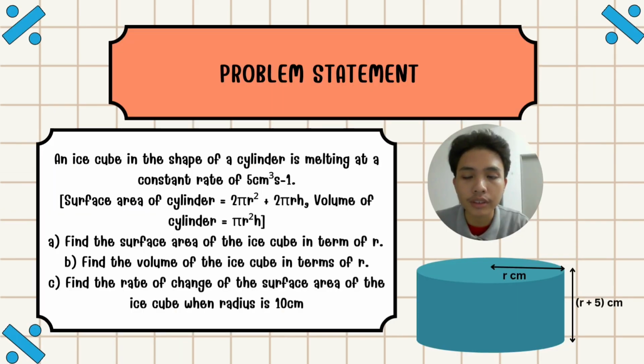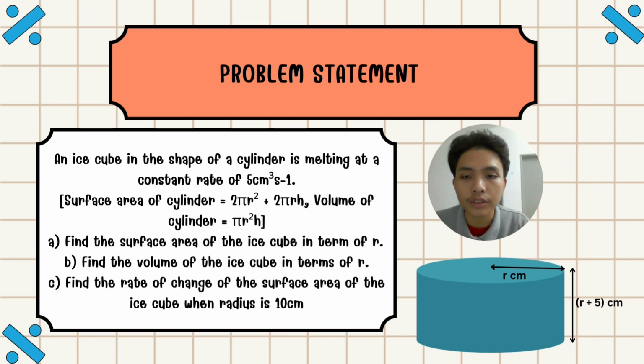Problem statement. The given problem statement is: an ice cube in the shape of a cylinder is melting at a constant rate of 5 cm cubed per second. The surface area of a cylinder is equal to 2 pi r squared plus 2 pi r h, where h is height. The volume of a cylinder is equal to pi r squared h.